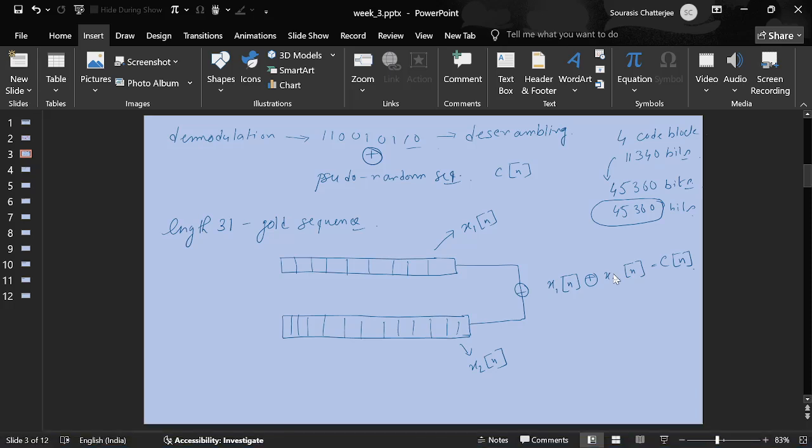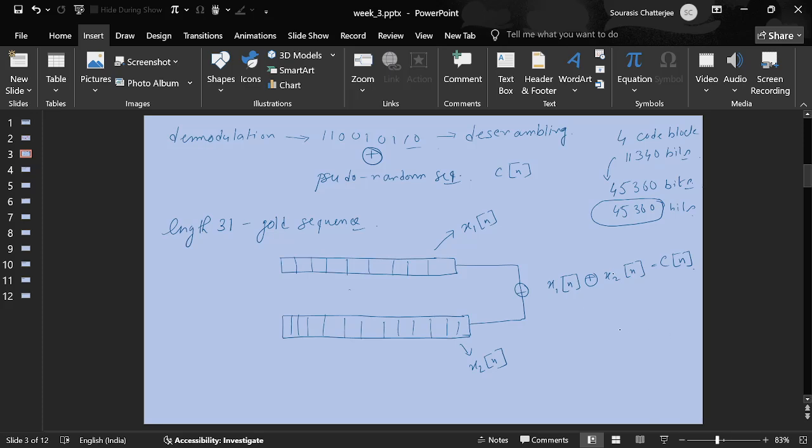Every time you compute x1 and x2 and XOR, it will be shifted towards the right, so it needs to be filled in from behind also, but there should be some principle so that you can generate the pseudo random sequence. So how is it basically done?